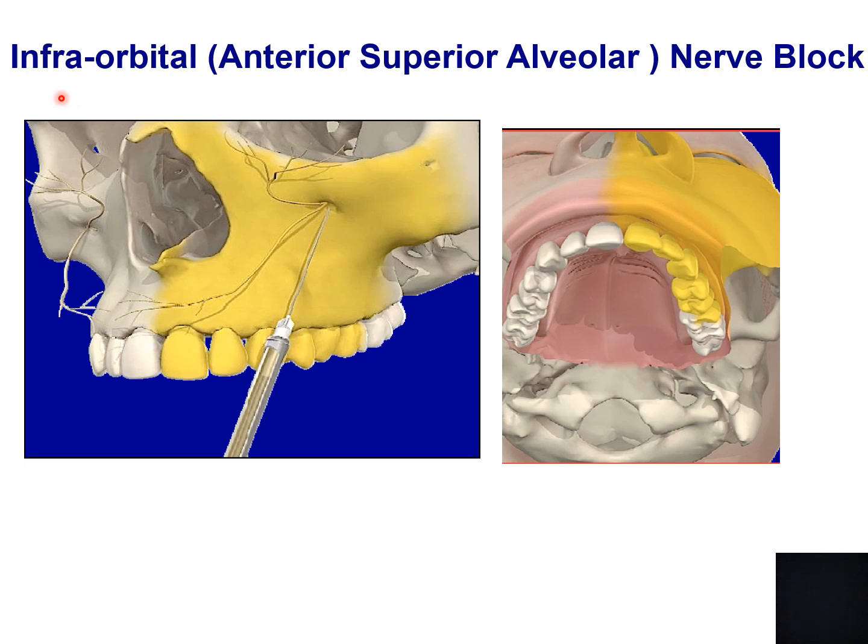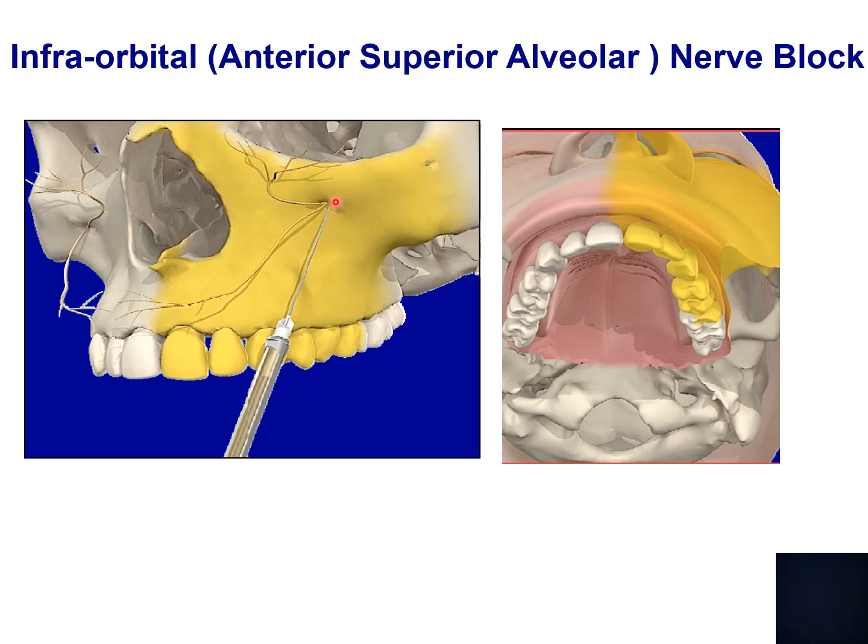One of the recognized blocks in the maxilla is the infraorbital nerve block. It's also known as the anterior superior alveolar nerve block. As you would know from your anatomy knowledge, the maxillary nerve travels in the floor of the orbit as the infraorbital nerve, emerges through the infraorbital foramen, which is located below the infraorbital rim, and divides into its terminal branches.